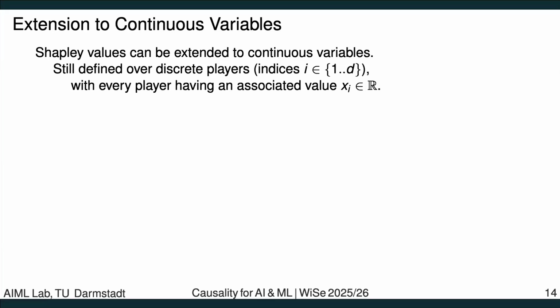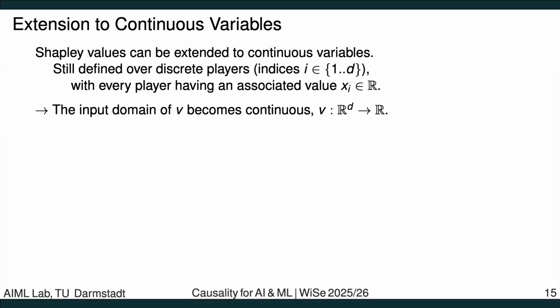But the value function that I now have, instead of just getting the set of players, I tell it the actual values that go into these features. So this domain of the value function becomes continuous.